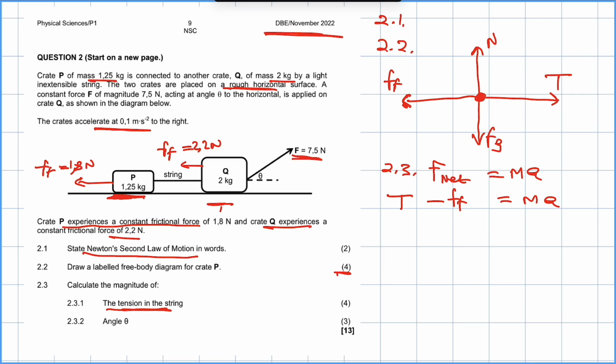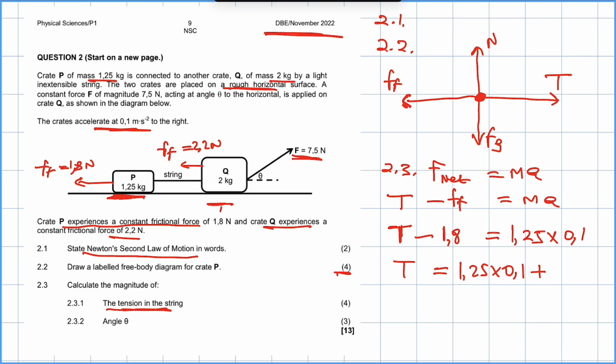Tension is unknown. Friction is 1.8, equal to the mass, 1.25, multiplied by the acceleration, given as 0.1. So T is equal to 1.25 times 0.1.